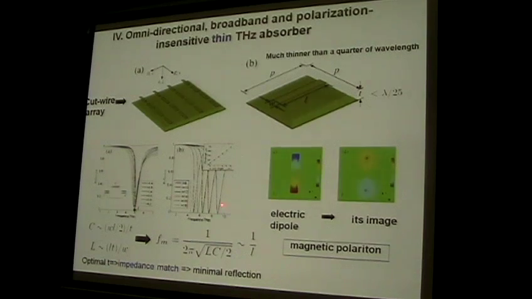And you see here this is consistent very well with the analytical analysis. When the length gets shorter, the frequency goes higher, linearly and inversely proportional.